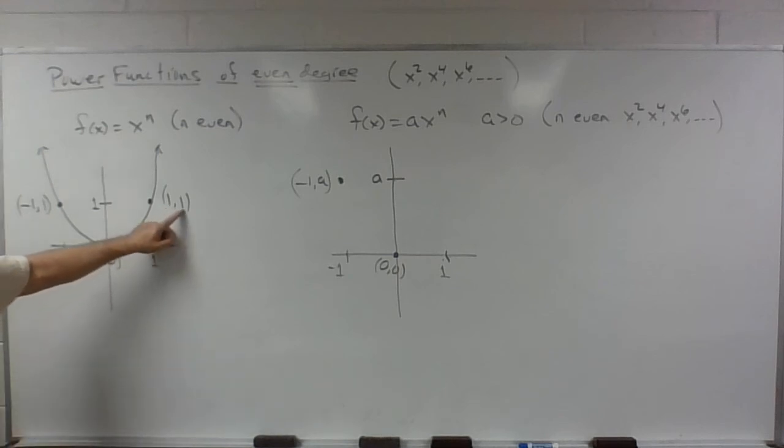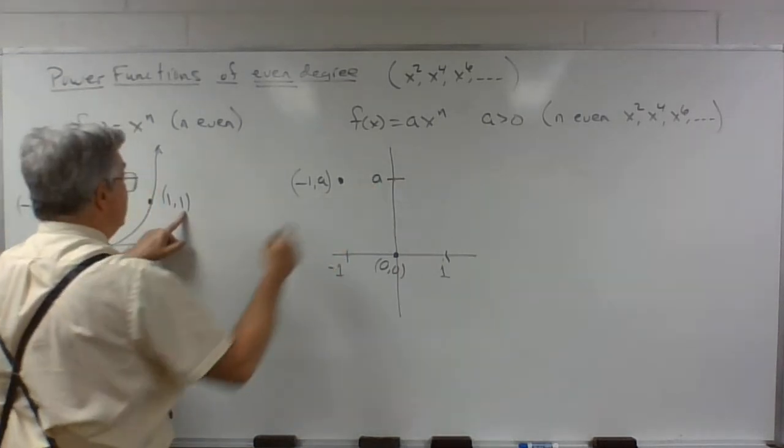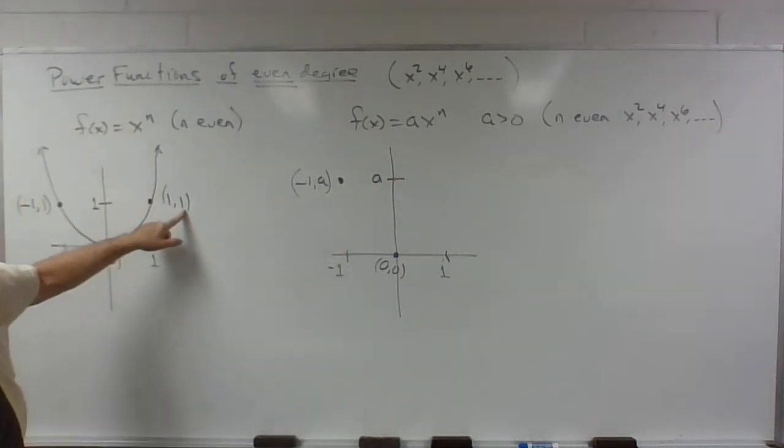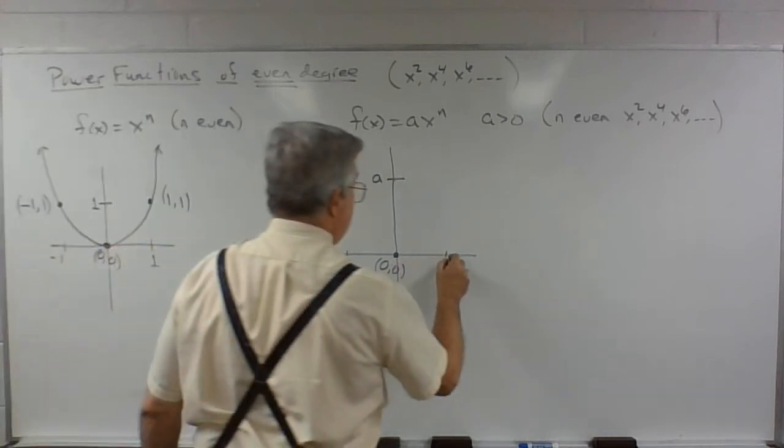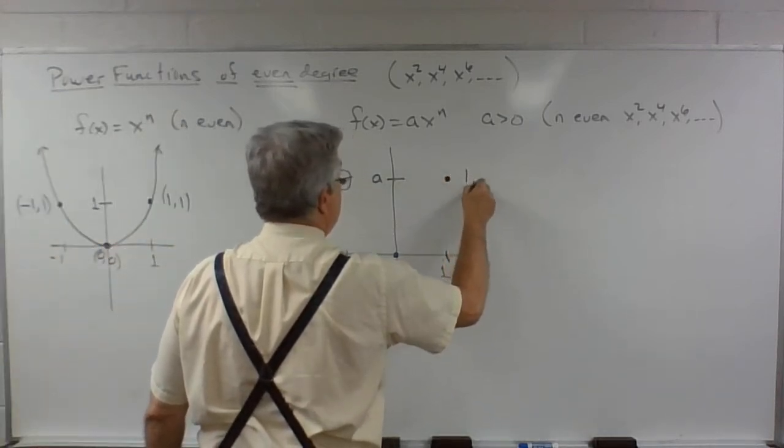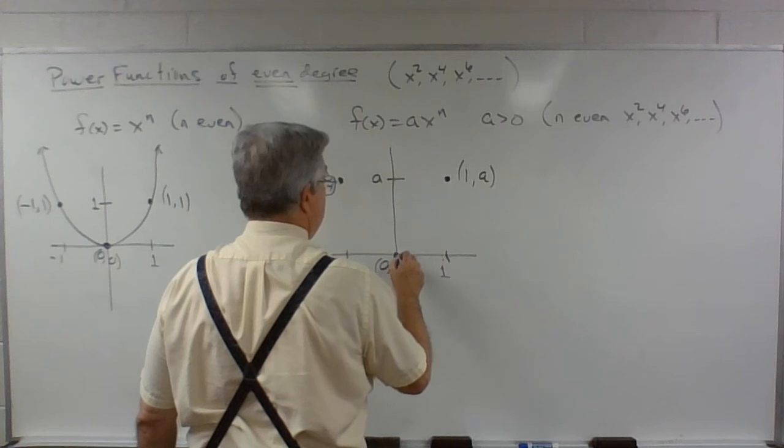And when x is 1 and y is 1, the y component of this point gets stretched by a factor of a. We multiply the y coordinate by a, and we get the point (1, a).